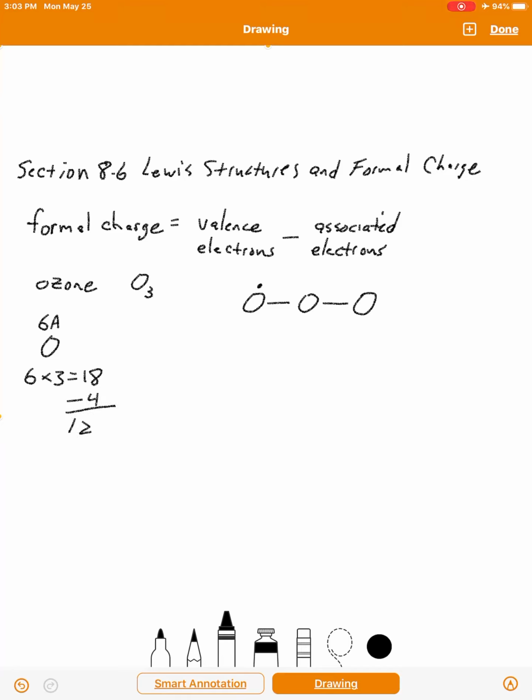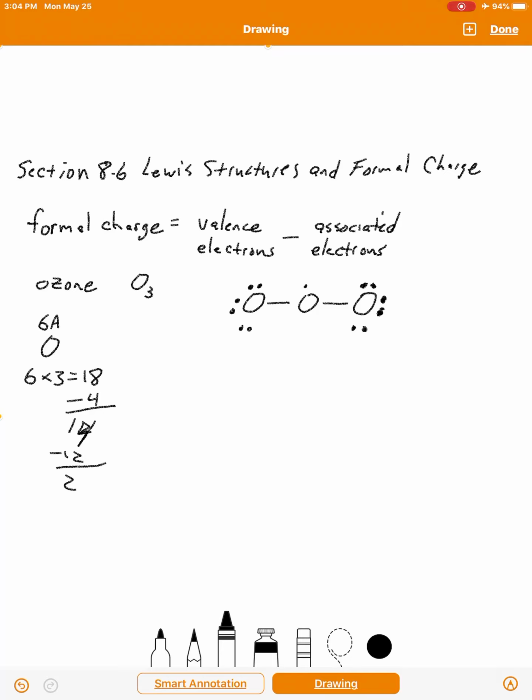So as we learned in the previous section, what you do is you fill out an octet for the surrounding atoms first. This is a strategy. So now the 2 surrounding oxygens have 8, right? Because they have 3 lone pairs and a bond. But that takes care of 12, so we've got 2 remaining.